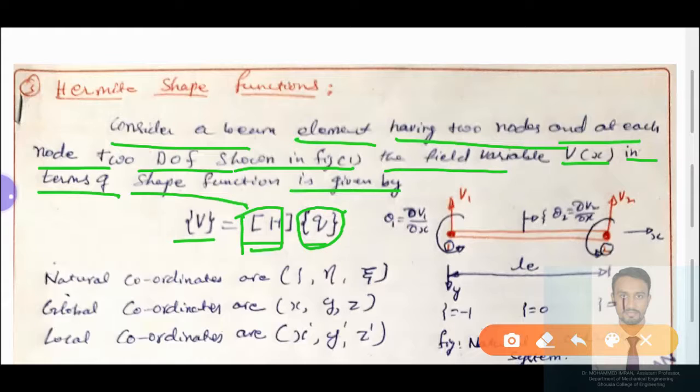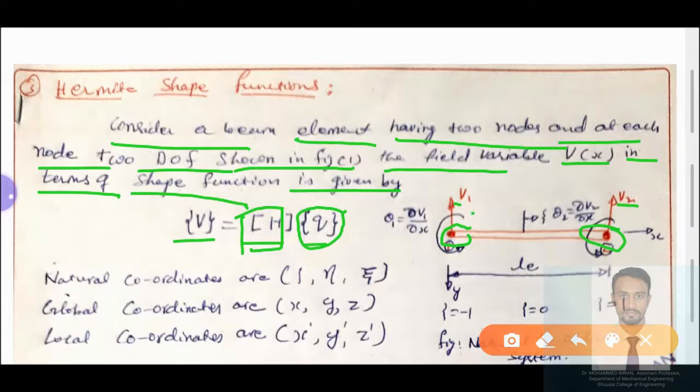In the present condition, we have used a beam element which has two nodes, at each node 2 degrees of freedom. The first type of displacement is a vertical or transverse displacement at each node. At node number 1, a transverse displacement v1. At node number 2, a transverse displacement v2.